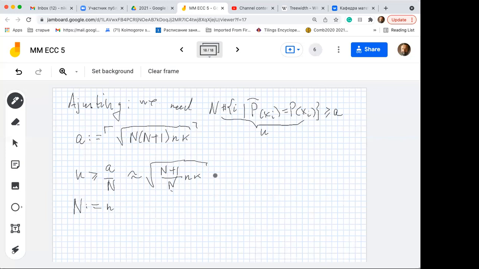Then this will be equal to square root of 1 plus 1 over n, which is close to 1, times square root of nk. So this is our choice of parameters. Choose, say, capital N equal to n, then choose a by this formula. So a is about n times square root of nk.